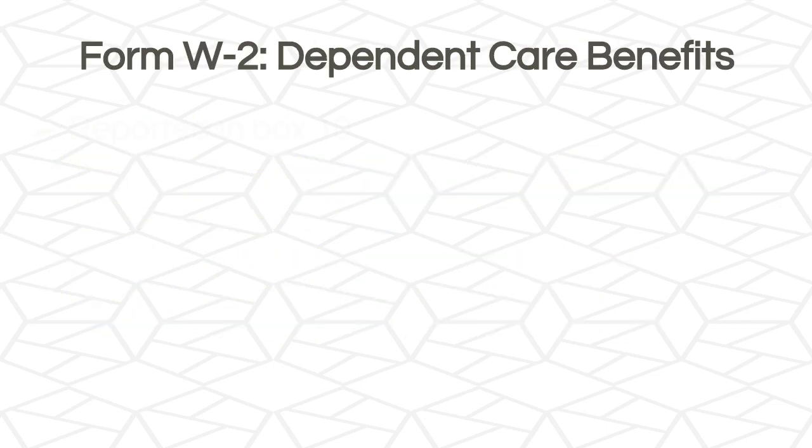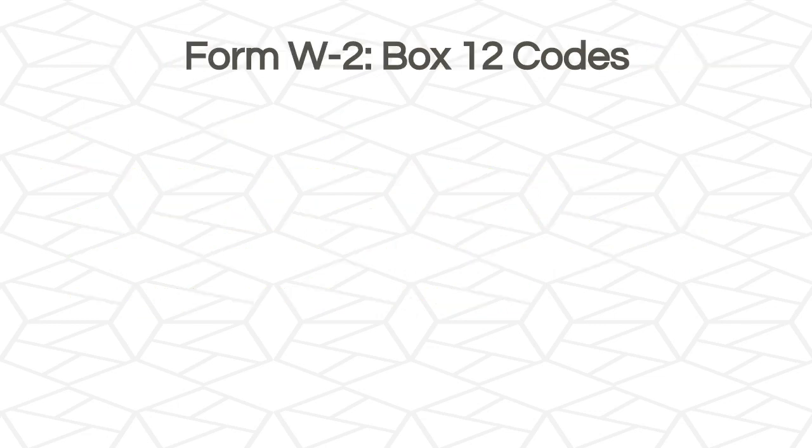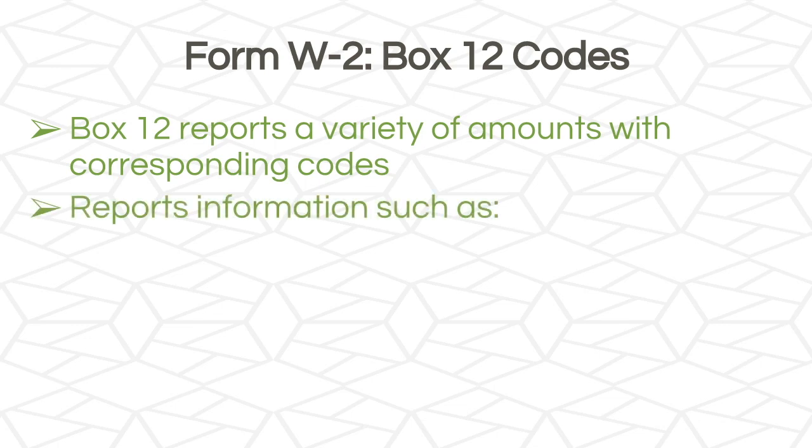Now in box 10, we have dependent care benefits, and these are what the employer pays on behalf of the employee. Then we have our various box 12 codes. Now these can report a variety of information, and so each code corresponds to some kind of information and then has an amount attached to it.